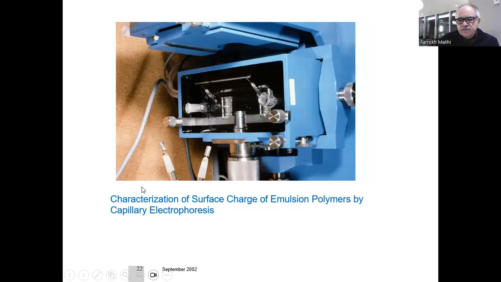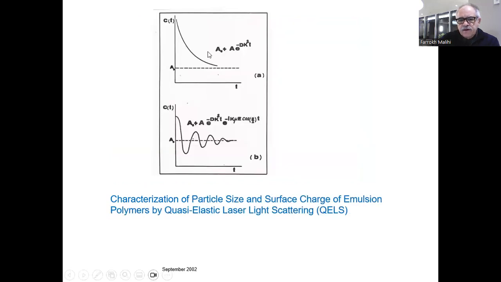This is a capillary electrophoresis setup, which is used to study surface charge of polymeric materials, the latex particles. Here are the results of the laser light scattering system.